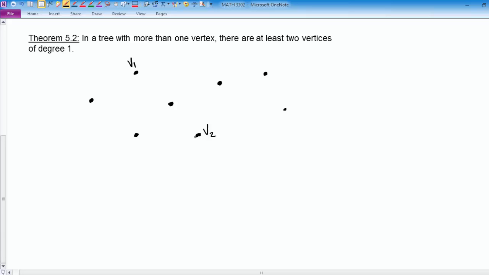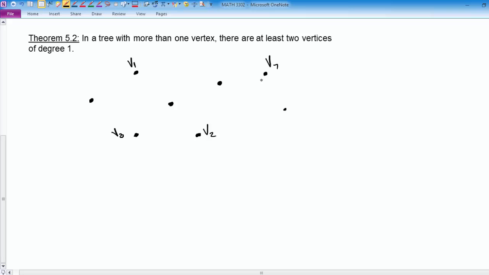If that's not the longest length, then there may be another one, perhaps between, let's say, V3 and V7. Maybe the length of the path between V3 and V7 is 20, and maybe that's the longest.